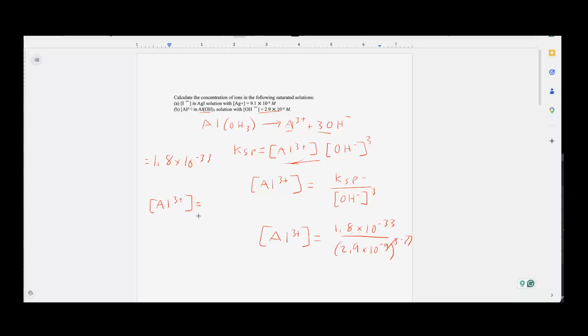Make sure when you're dividing this out that you do the exponents last, so we'll have 1.8 times 10 divided by 2.9 times 10, which will give us 0.75, and then our exponents will be negative 33 minus negative 9, which equals negative 24, and then divided by 3 equals negative 8. So our final answer will be 7.5 times 10 to the negative 8.